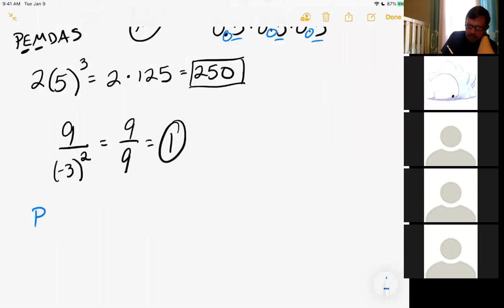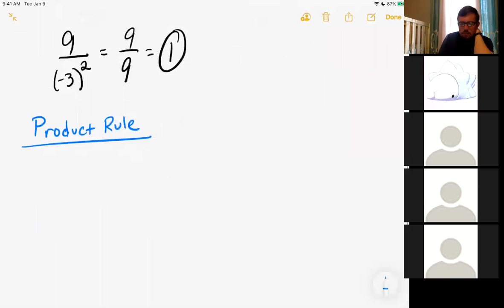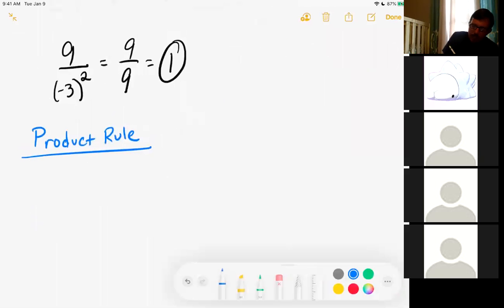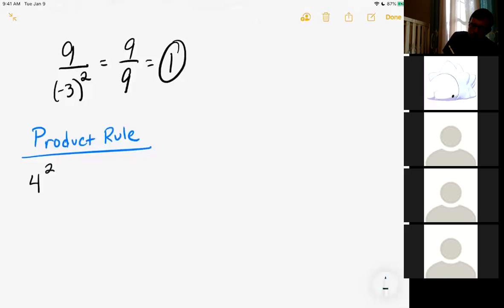So let's talk about how to multiply stuff with exponents together using what is called the product rule. So the product rule is a way to take a problem like this and put it together. So I'm going to show you the really long, stupid way to do this, and then we'll see if you can figure out the shortcut.